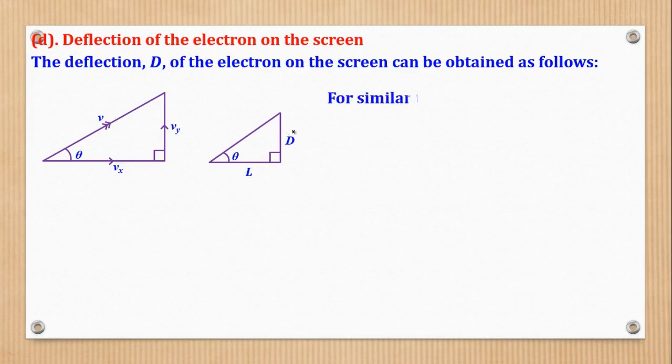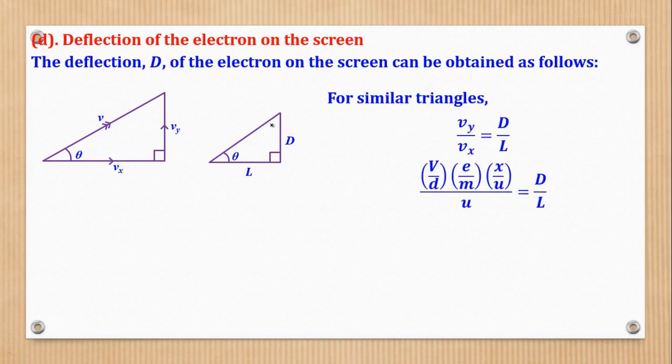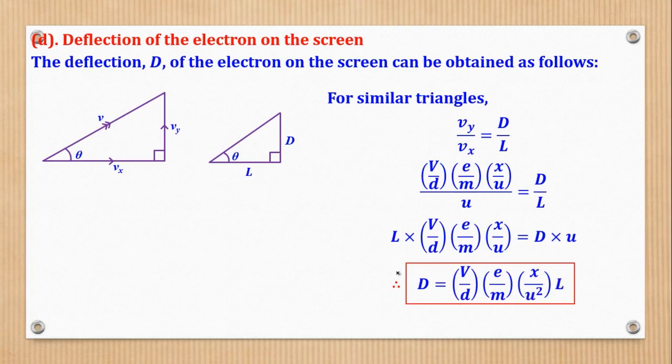So we shall do the same for similar triangles, get the ratio, equate them, substitute for Vx and Vy, then cross multiply and make D the subject. And that will be the deflection on the screen. So there are two deflections. One was deflection at the end of the plates, and two is deflection on the screen.